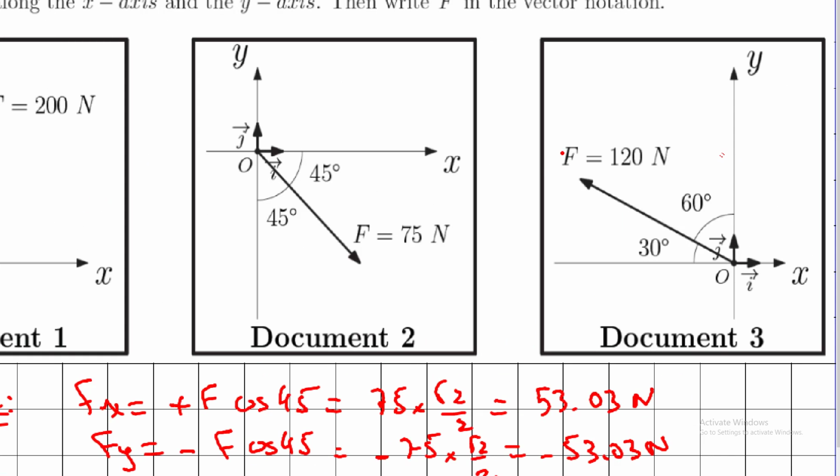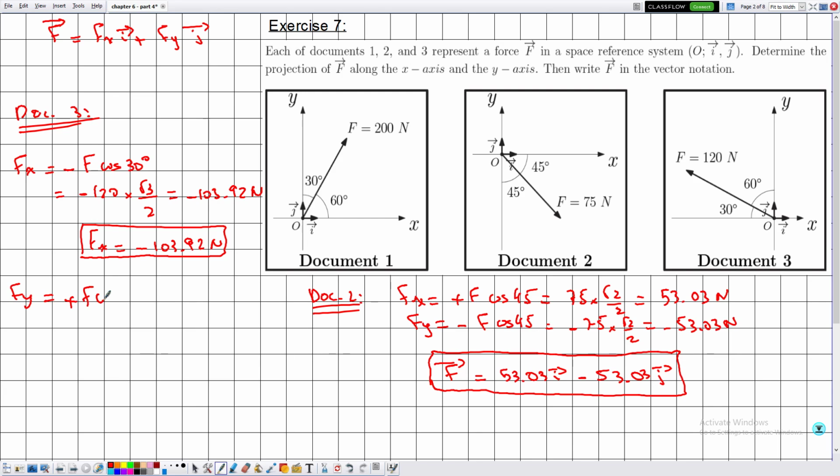The magnitude of F is F times the cosine of the angle between the force F and the y-axis, which is given by 60 degrees. So it's convenient to write here degrees. Now the value of F is given by 120 multiplied by cosine 60. The value of cosine 60 is given by half, so this is equal to 60 newtons for the same reason. So Fy is equal to 60 newtons.